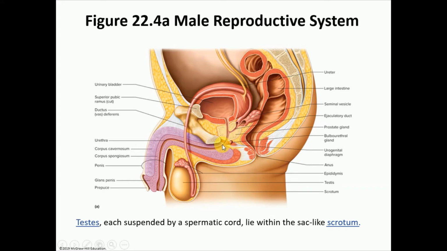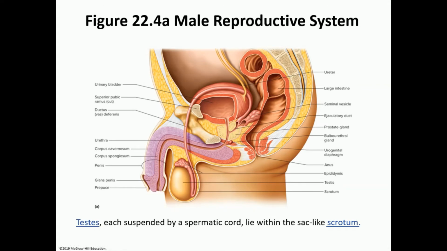So the urethra is an organ that is shared between the urinary and the reproductive system. There's a little tiny gland here known as the bulbourethral gland, and that secretes mucus. Now all of these secretions during ejaculation will pass through the urethra until they're emitted out of the body through the penis.